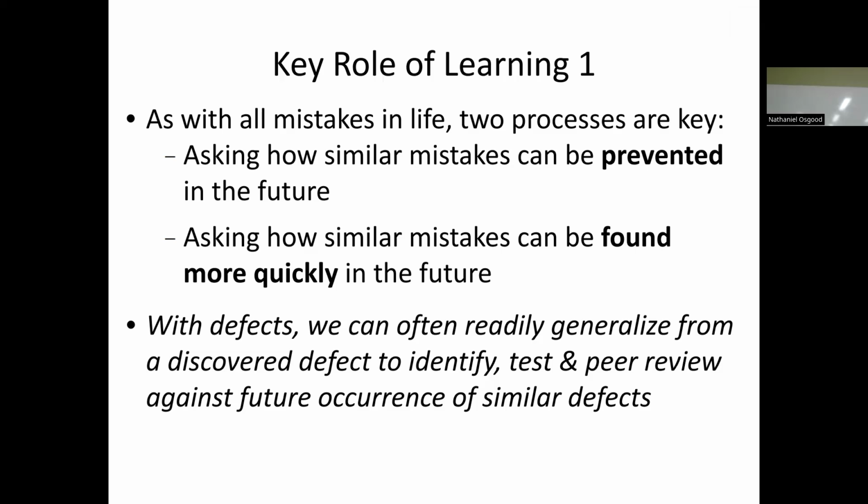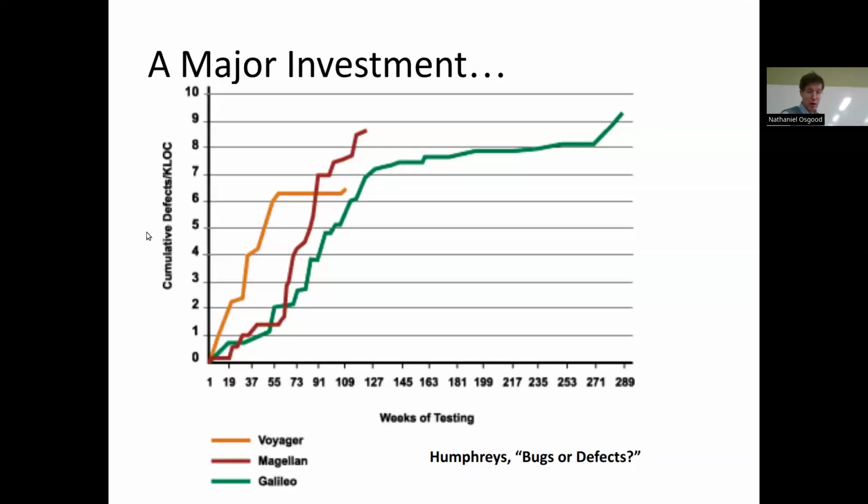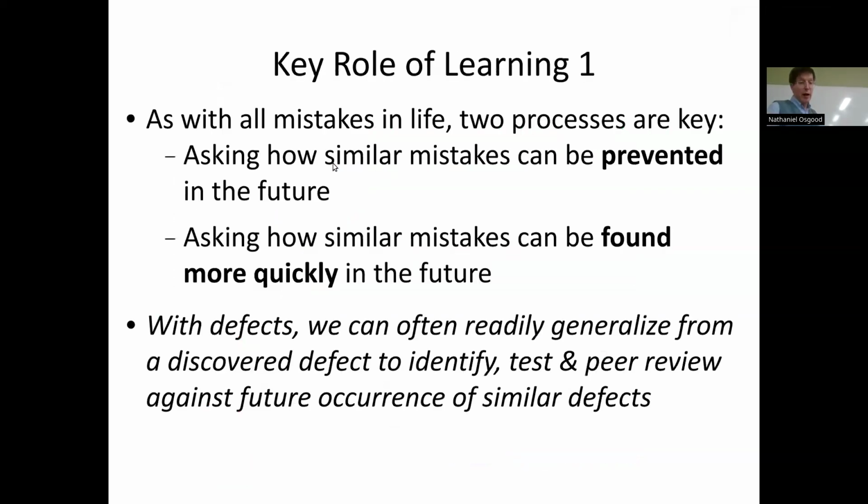And specifically, how can we prevent this in the future, a defect like this? Or if it happens, we slip up, how can we discover it more quickly? Right? That's really what you see here, discovering things quickly, right? You learn from these mistakes and you're on a roll. And you discover a whole sequence of defects quickly. You're learning from your mistakes.